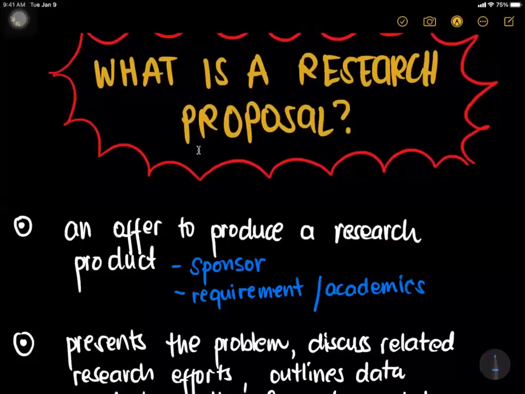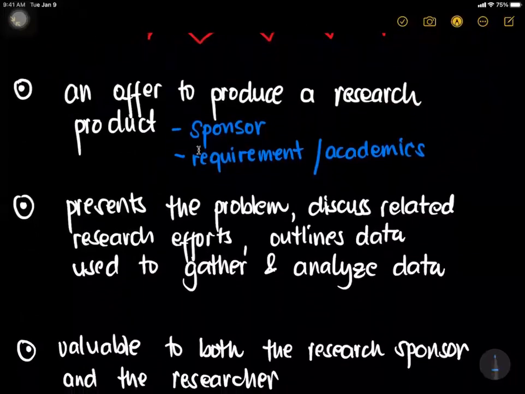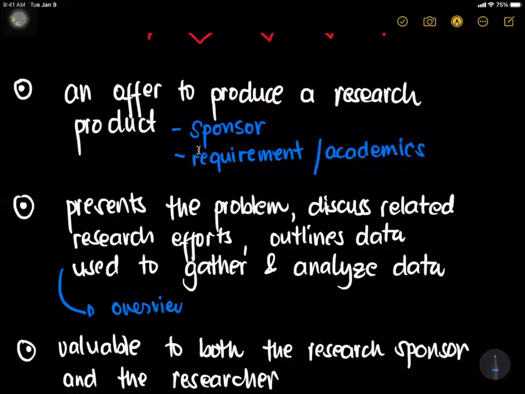The research proposal presents the problem, discusses related research efforts, and outlines the data used to gather and analyze your data. So basically, class, your research proposal gives us an overview of your research process.